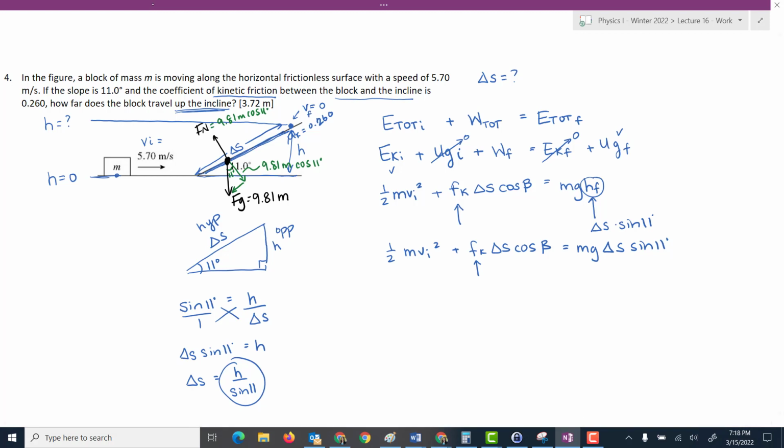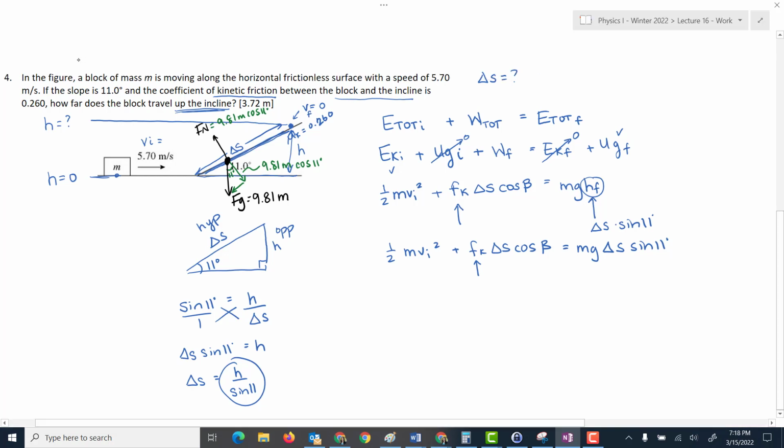Okay, so now what other force do we have? We have the force of friction. And force of friction opposes the motion. The block is moving along the horizontal frictionless surface and then up the incline, so friction would be pointing down the incline then. So this is my force of kinetic friction.